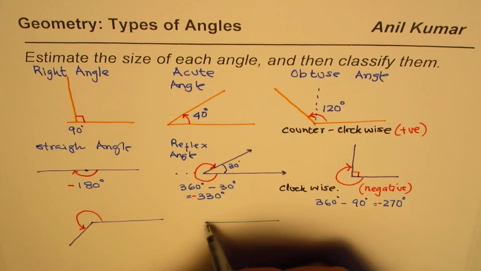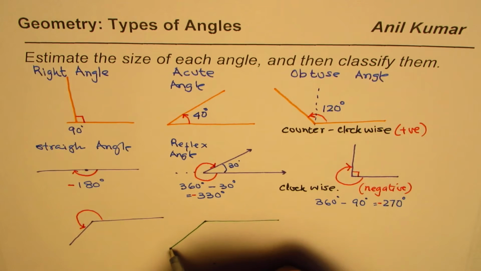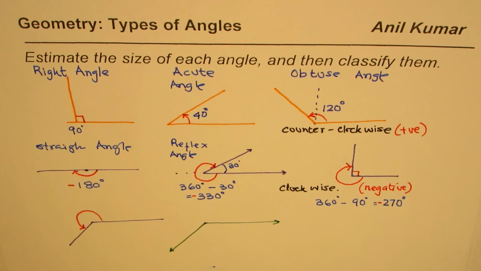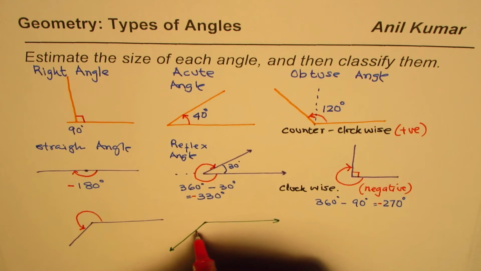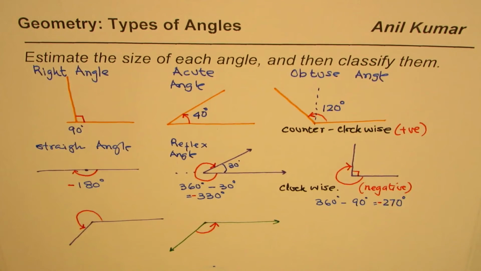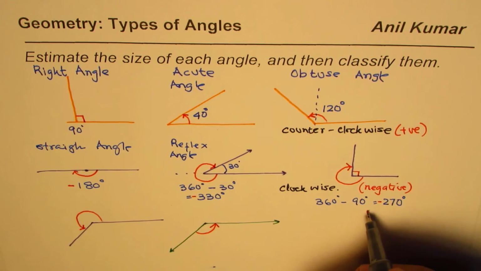Okay, so now here is another angle. Now see, I'm drawing the same thing kind of, right? Similar thing. But the angle which I want you to figure out is this angle. How much is this angle, right? That is the angle. And now the last diagram for you is kind of like this.